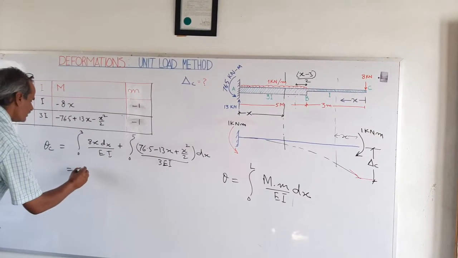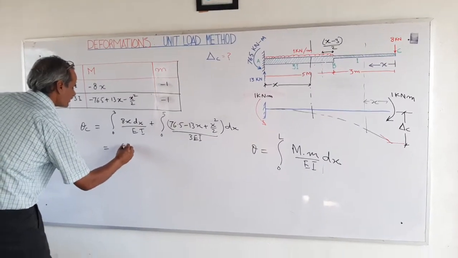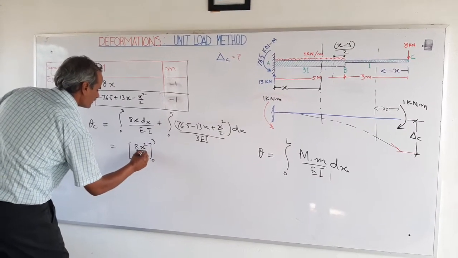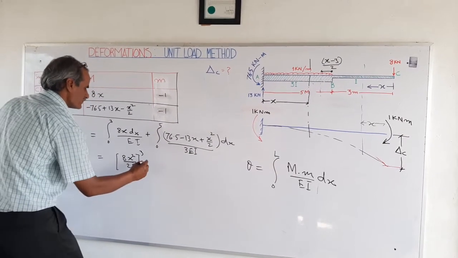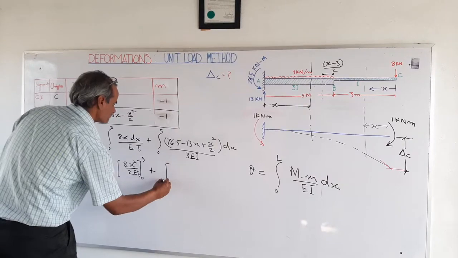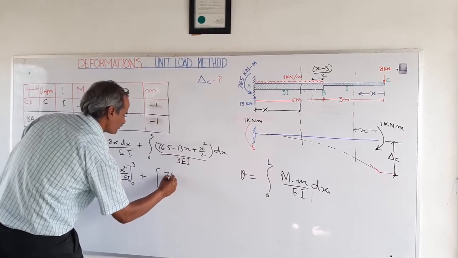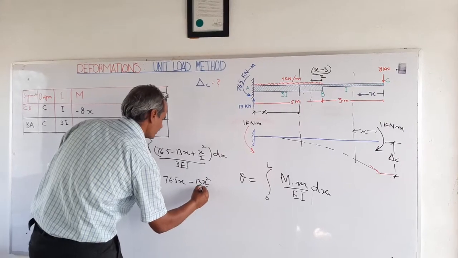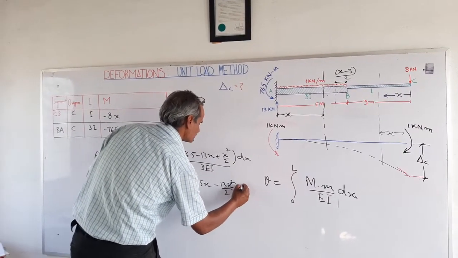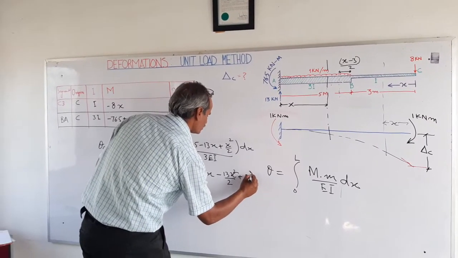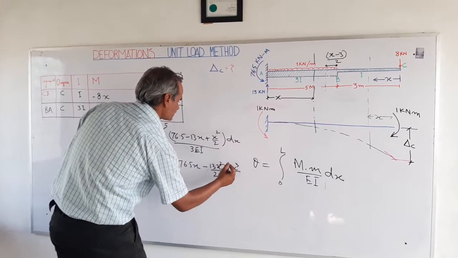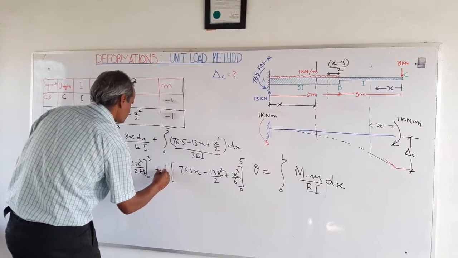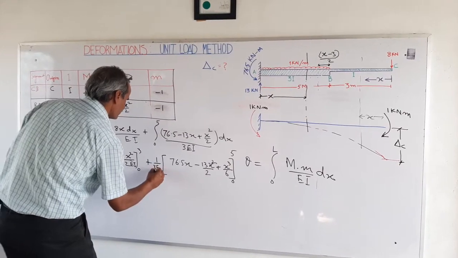Now over here it will be 8x square divided by 2, limit 0 to 3 divided by EI, and plus this will be 76.5x minus 13x square divided by 2, and plus x cube divided by 6, 3 into 2, 6, 0 to 5, and of course outside it will be 1 over 3EI.